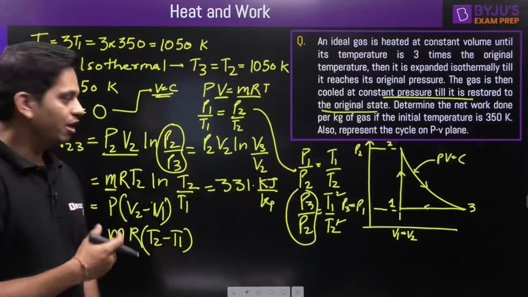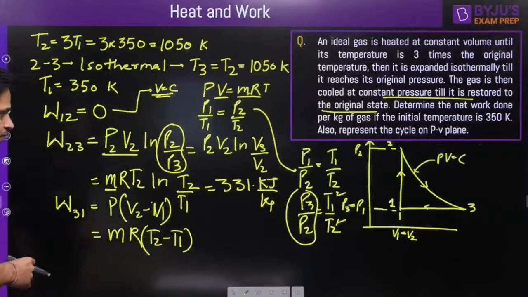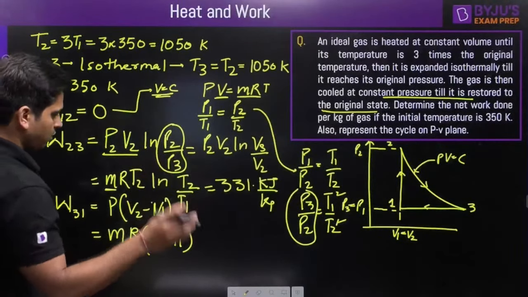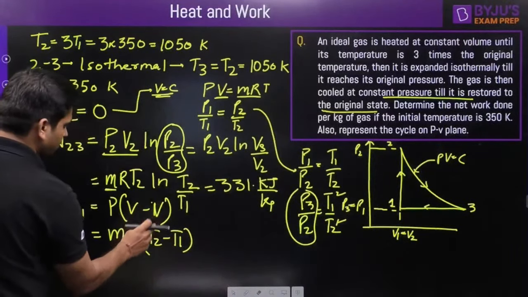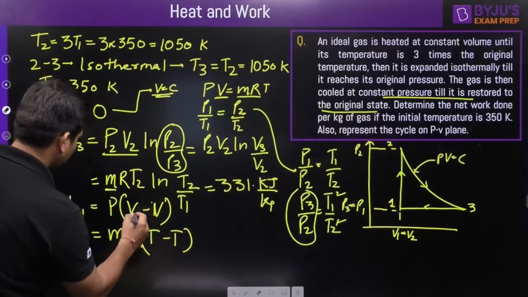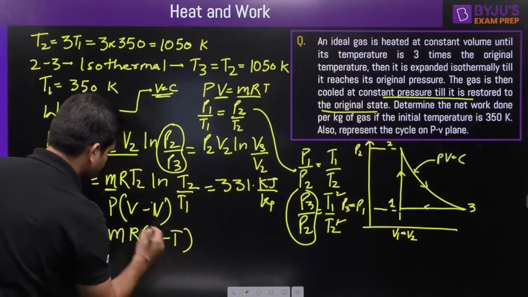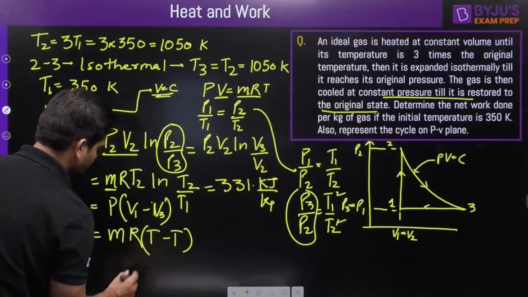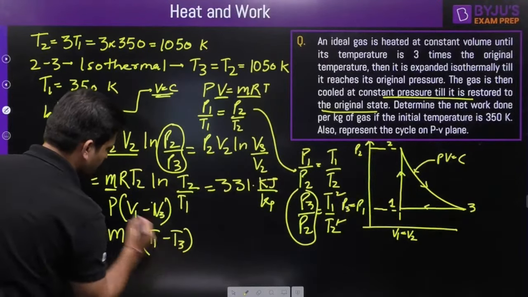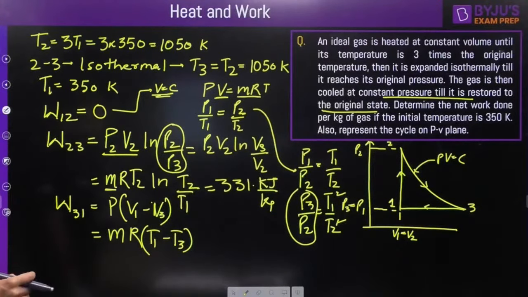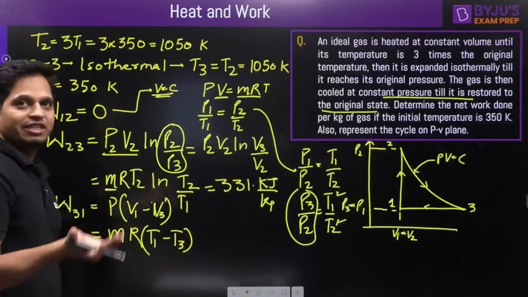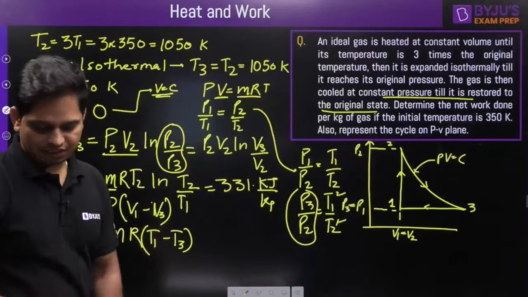What is the work for 3-1? Final minus initial. What is the answer?